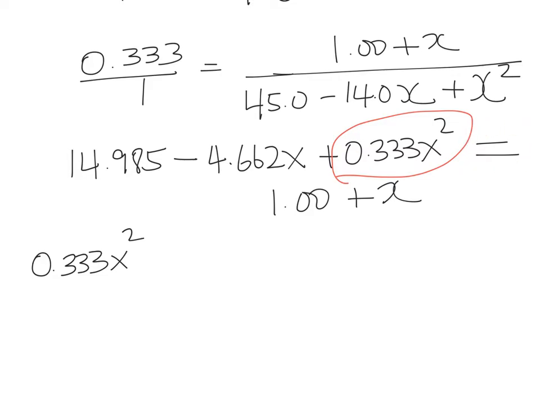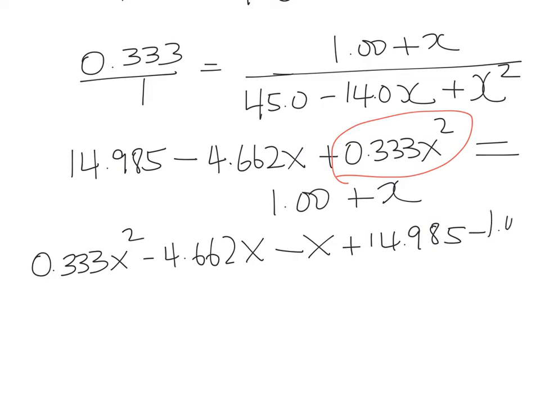So I have to bring it over, and when I bring it over, I need to remember to change the sign. So I'm going to write minus 4.662x minus x, and then I'm going to write plus 14.985, and then bring this one over the equal sign. And don't forget to change the sign. And that is going to be minus 1 is equal to 0.